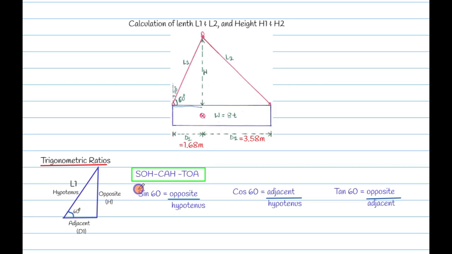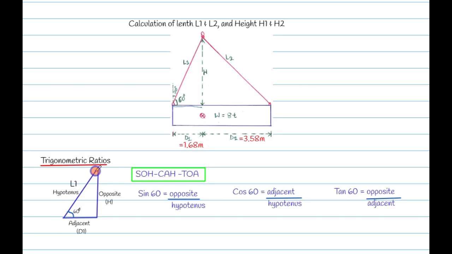So to do this, we have a simple acronym, SOH CAH TOA. So what does it mean? Sine will be opposite over hypotenuse, sine of the angle. Now where is the opposite? Opposite is the h, which is facing the angle. So h is opposite to this angle, and adjacent is D1, which is close to this angle, and hypotenuse is the longest side of a right angle triangle.